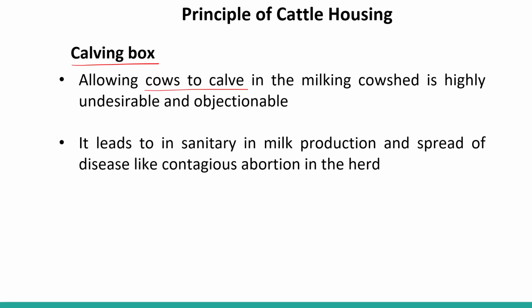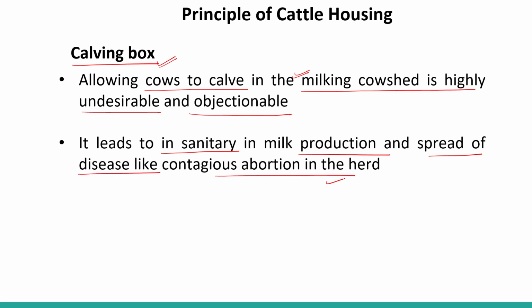Allowing cows to calve in the milking cowshed is highly undesirable. It is undesirable to have a calf in the milking cowshed at the time of milking, right? So it is objectionable, and that is why we keep this cow in another block. It leads to insanitary milk production and spread of diseases like contagious abortion in the herd.